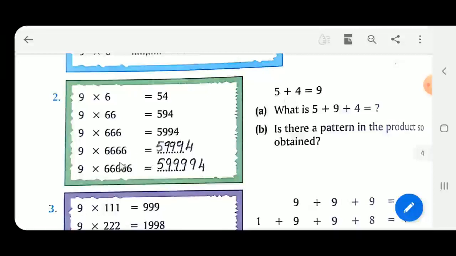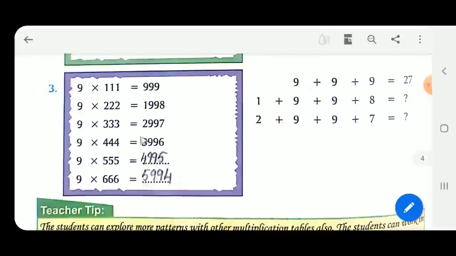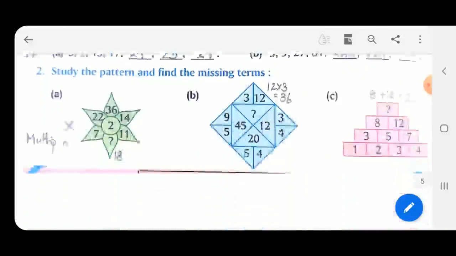If you multiply also you are going to get the same product, and in the pattern it remains like this. The next one, third, 9 into 111 is equal to 999. Then similarly 1 2 3 is there. So what will be there? 4 and 5. The 9 in between remains the same. See the first one, it is 9 8 7 6, then comes 5 and 4.